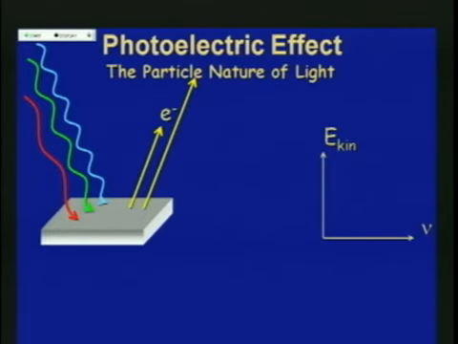So what I have here is a plot of electron kinetic energy, this ejected electron's kinetic energy, and this here is the frequency of the light. And so what you can see is, at this point, any frequency shorter than right here in this whole region is not going to eject an electron, no matter how much intensity you have. There's a difference.